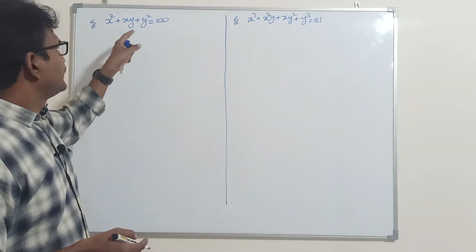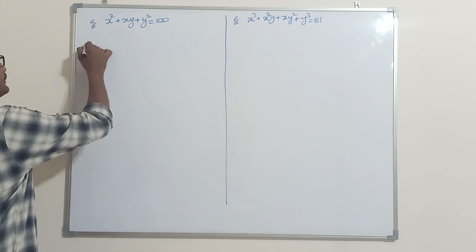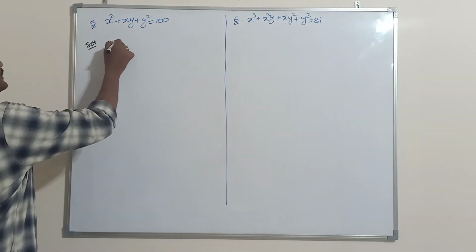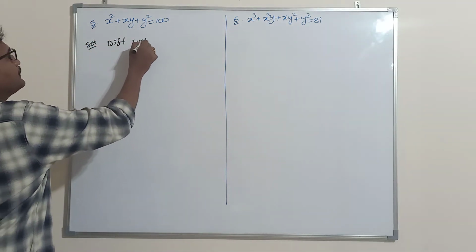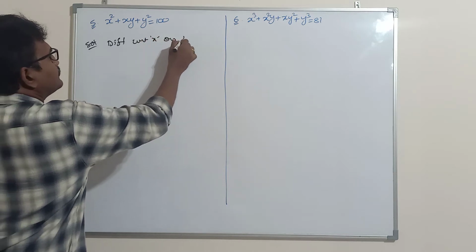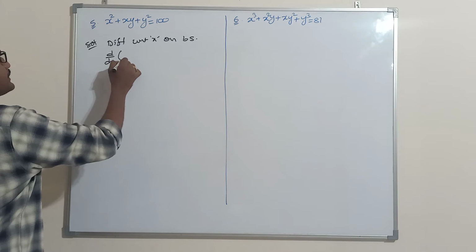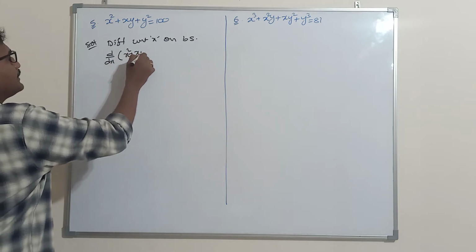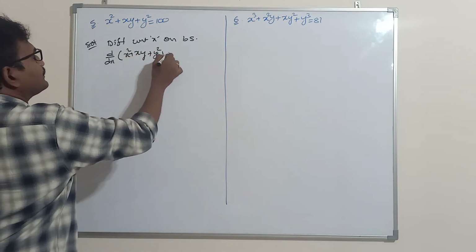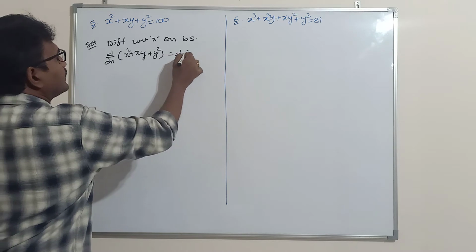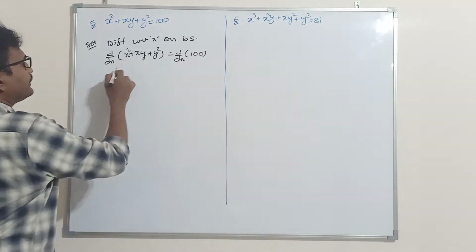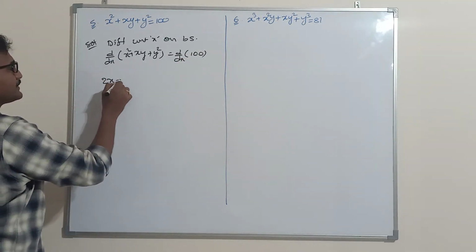Next problem, x² + xy + y² = 100. Differentiating with respect to x on both sides, then what we will get, d by dx of x² + xy + y² is equal to d by dx of 100. So derivative of x² is 2x.